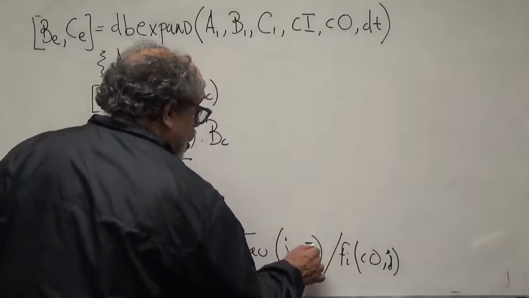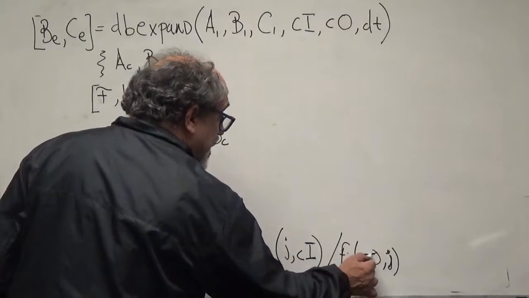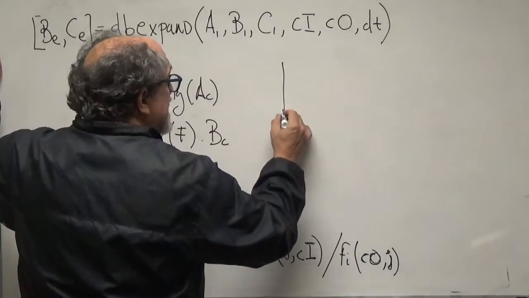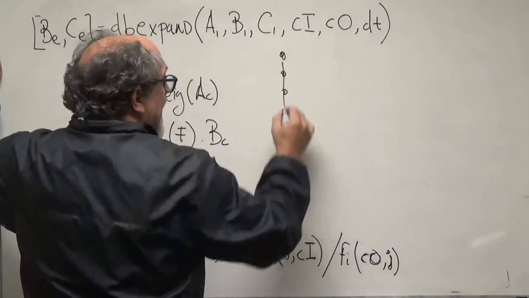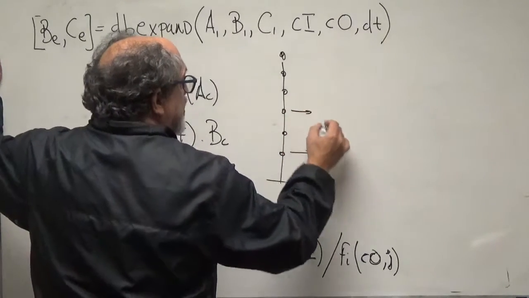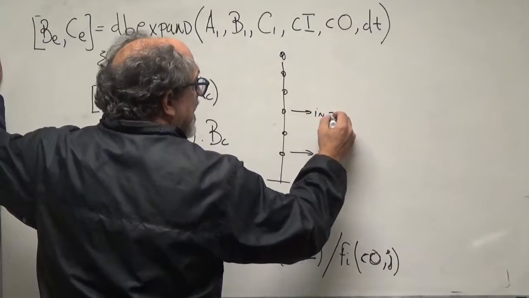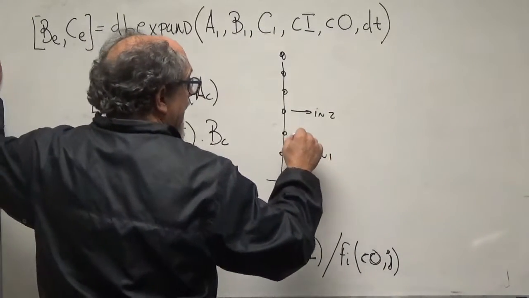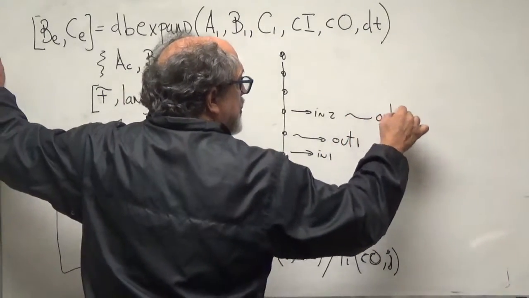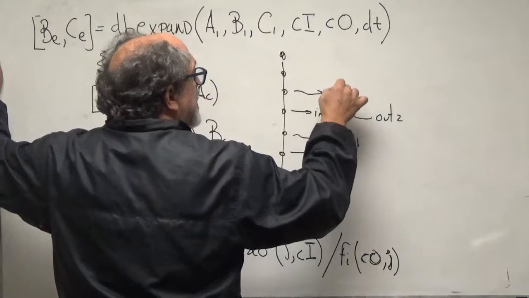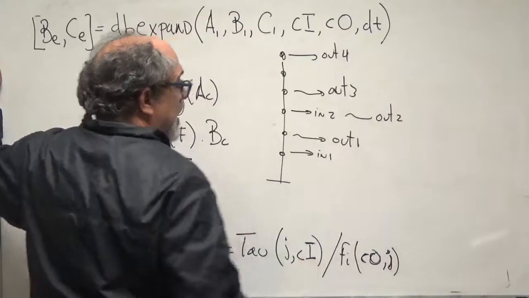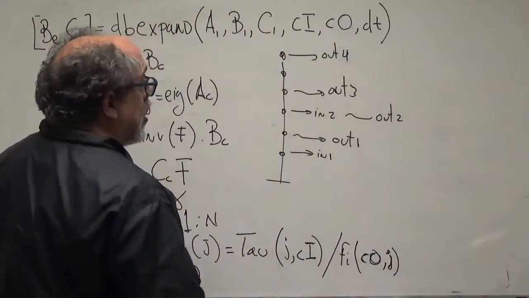Now, what is collocated input and collocated output? Those are the numbers. So once again, if this is the system that we have, and I have an input, let's say in this order, and then output 1, output 2, output 3, output 4, then which one is collocated?